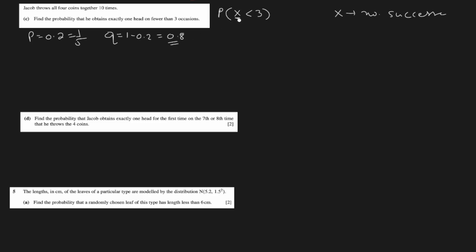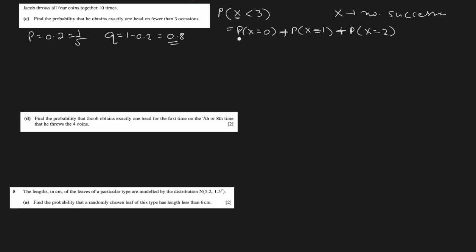We want less than 3, which we can write as probability that X is equal to 0 or probability X is equal to 1 or probability X equal to 2. One of these 3 things will happen, and we are using OR. When we use OR, probabilities are added.